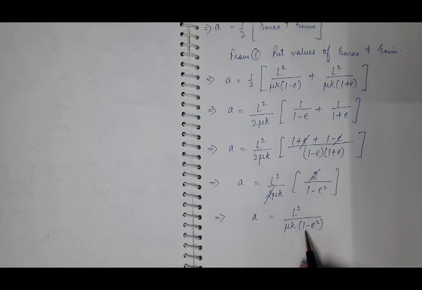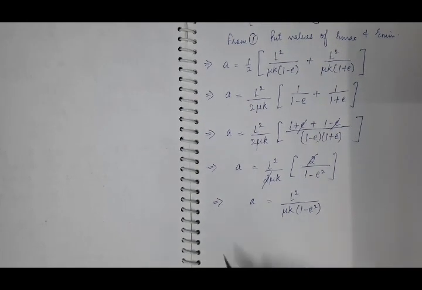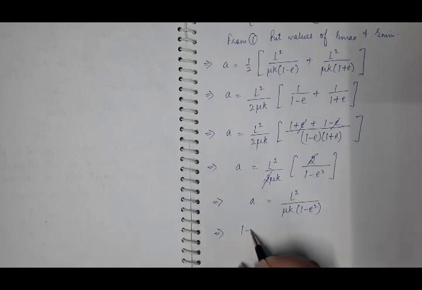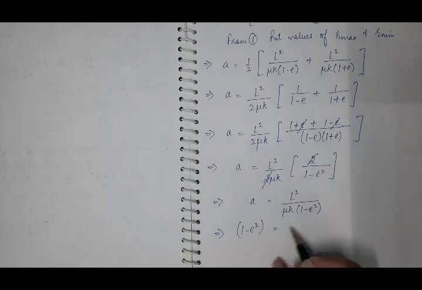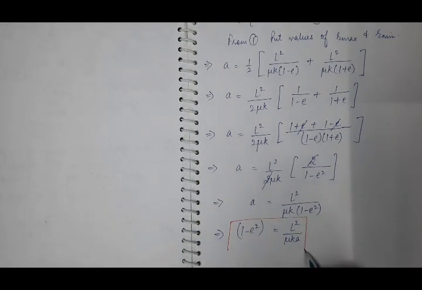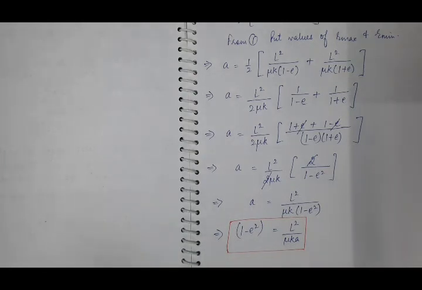So find the value of 1 minus e square from this equation. It will be 1 minus e square equal to L square by mu k a. Suppose this is equation 3.